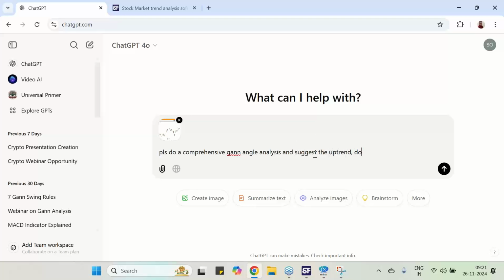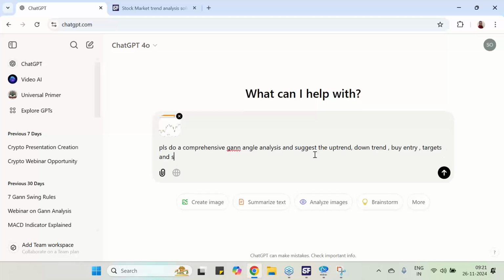and suggest the uptrend, downtrend, buy entry targets, and sell entry and target levels.